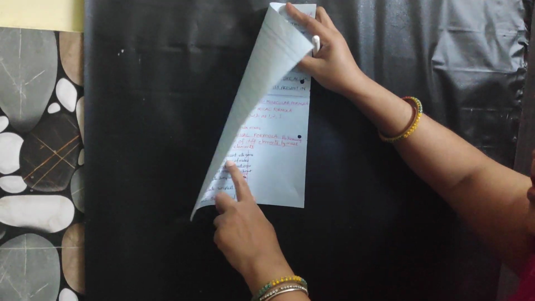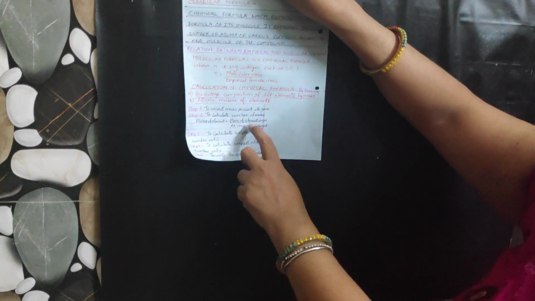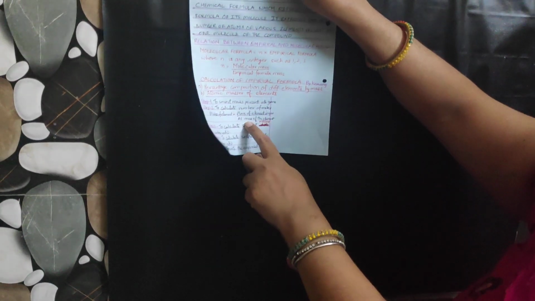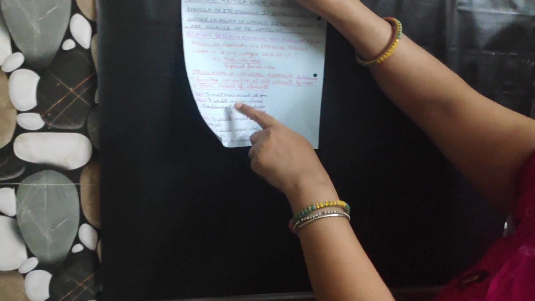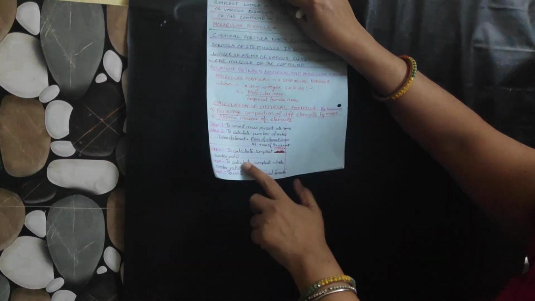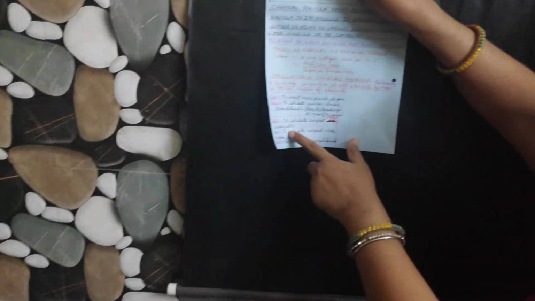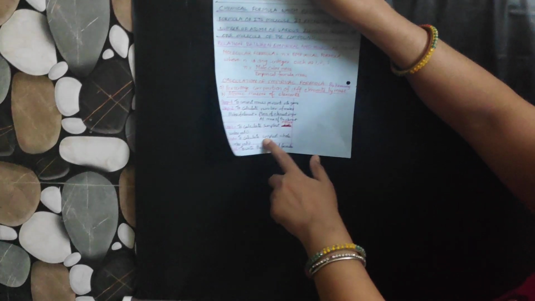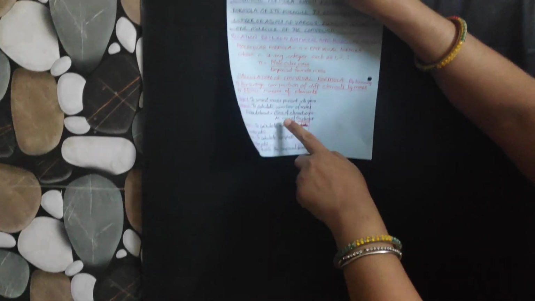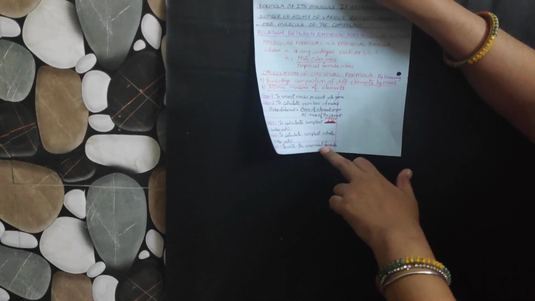Second is to calculate the number of moles: that mass divided by the atomic mass gives the number of moles of that element. Third, we calculate the simplest molar ratio. Then the simplest whole number ratio. We'll be doing this and you'll be able to understand. And the last step is to write out the empirical formula.